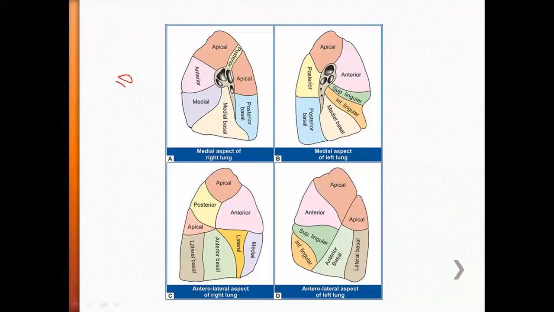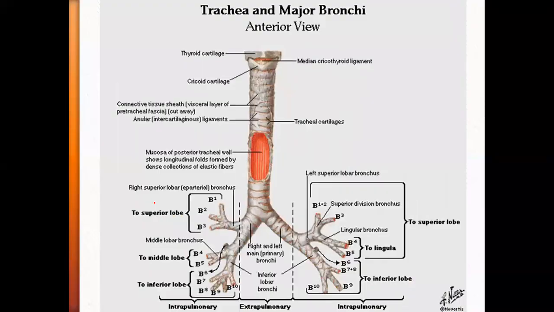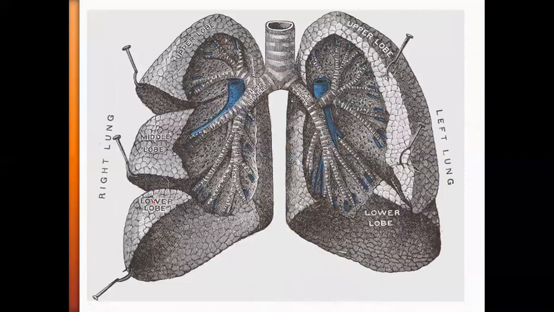Now you know how many lobes there are on the right and left sides, and according to that, the lobes will be divided into segments. One side has 3 lobes, another side has 2 lobes.